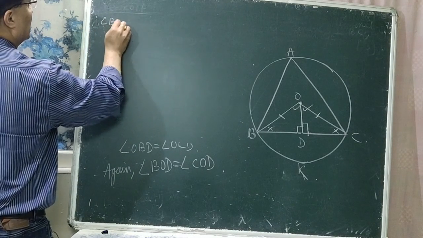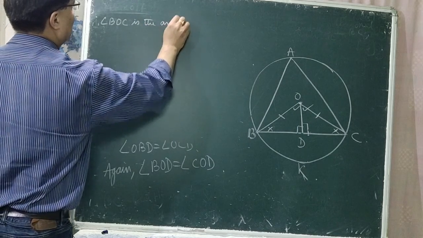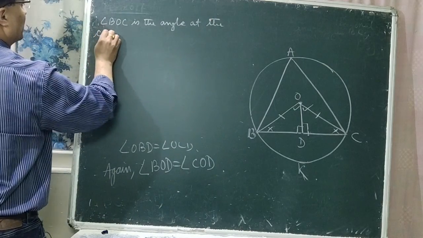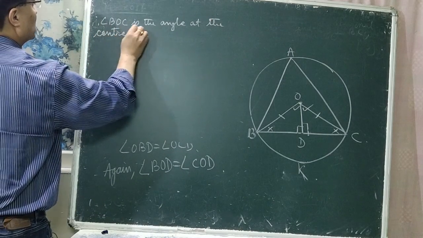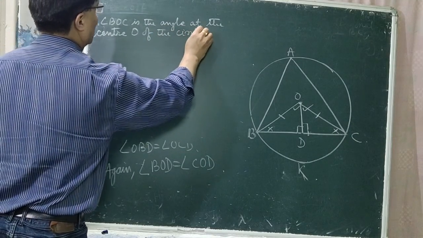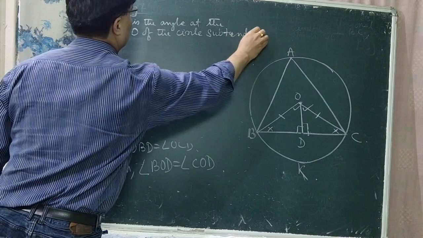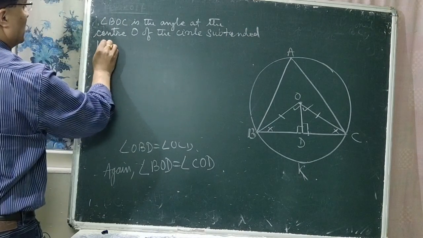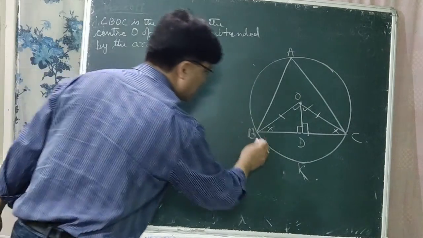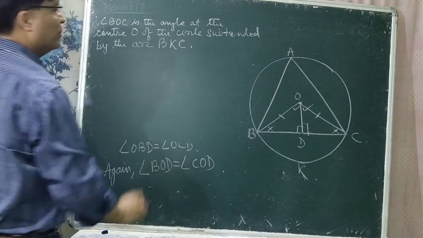Therefore, angle BOC is the angle at the center O of the circle subtended by the arc, which arc? BKC. Subtended by the arc BKC.